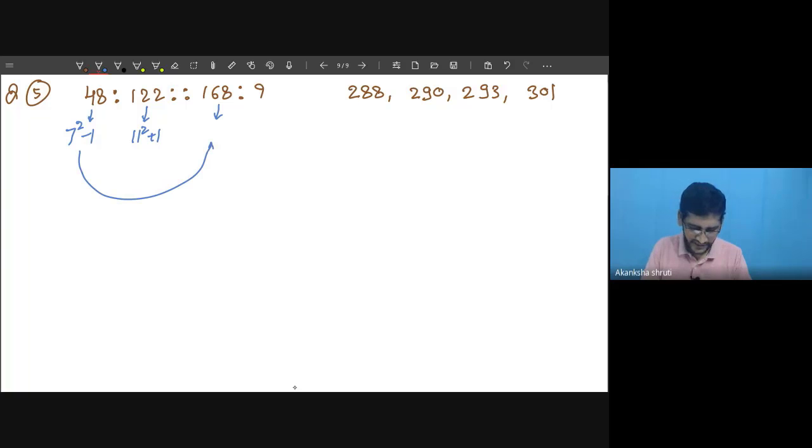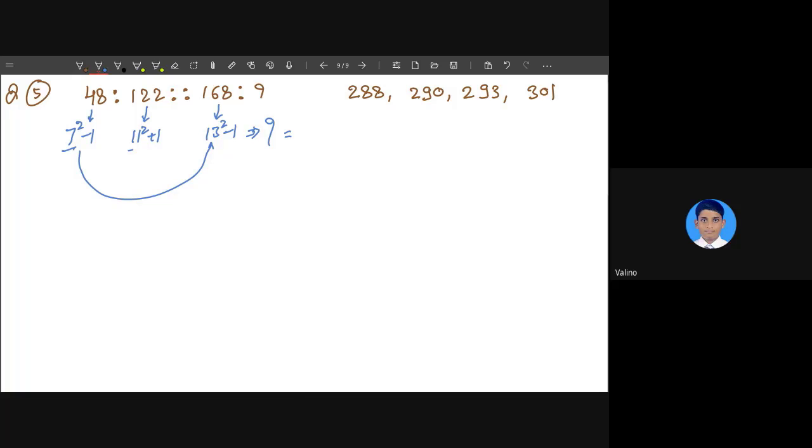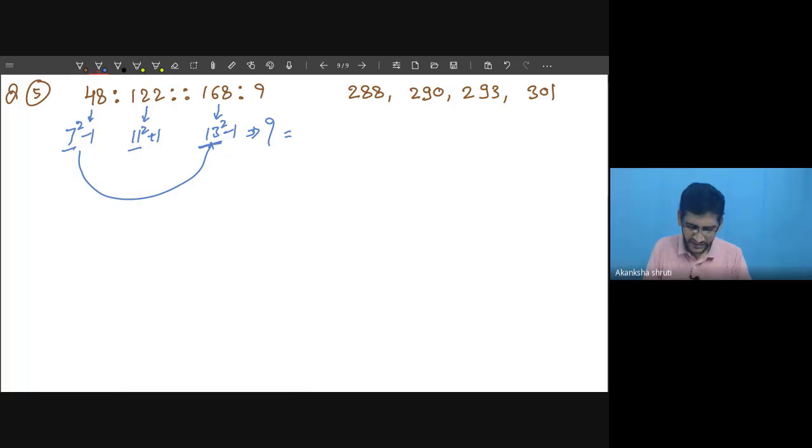Means like this one, it is also following 13 square minus 1. So what must be obtained? 7, 11, and 13, all of these are prime. So we can think for some prime.